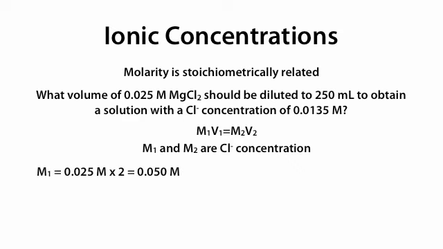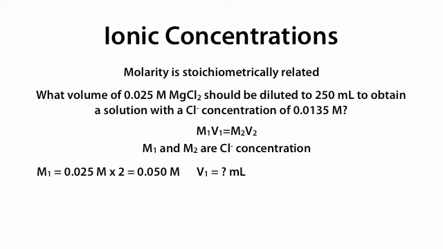M1, or the original molarity of Cl-, is equal to 0.025 molar times 2, or 0.05 molar. Why is that? Since there are 2 moles of Cl- ion per mole of MgCl2, we double the molarity of the MgCl2 to get the concentration of Cl-.